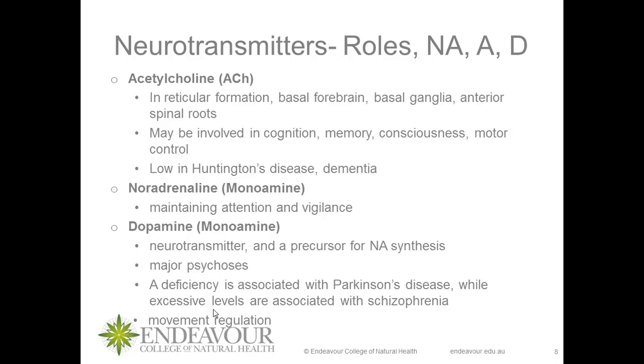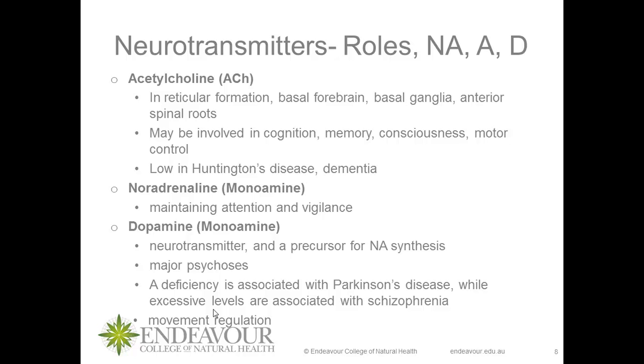involved in maintaining attention and vigilance, CNS functions. Dopamine, the other monoamine, is a precursor for making noradrenaline, but it is also its own neurotransmitter in certain pathways in the CNS. We do know it's associated with major psychoses. A deficiency is associated with Parkinson's disease.